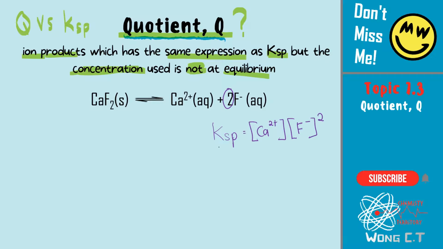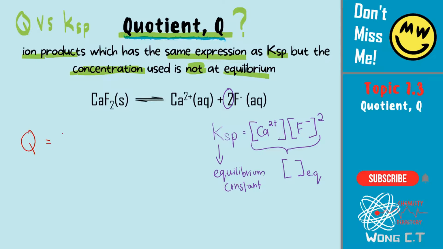As you all know, K over here is your equilibrium constant. If you remember, your K is always the equilibrium constant. And therefore, the concentration over here must be the concentration at equilibrium that you calculate from the ICE table. Remember that?